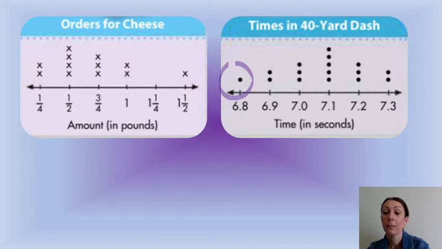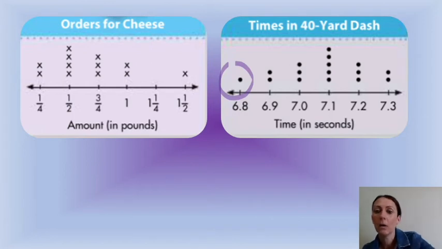Okay, so what does it represent? Yell it out to the computer. Yeah, right. So it represents that there was one time recorded in the 40-yard dash that the 40-yard dash was run in 6 8/10. That means that there was one recording of that.